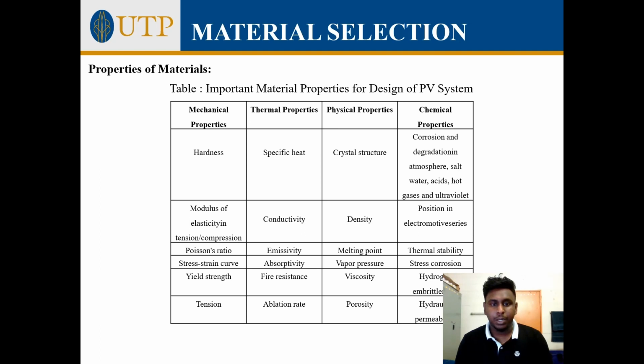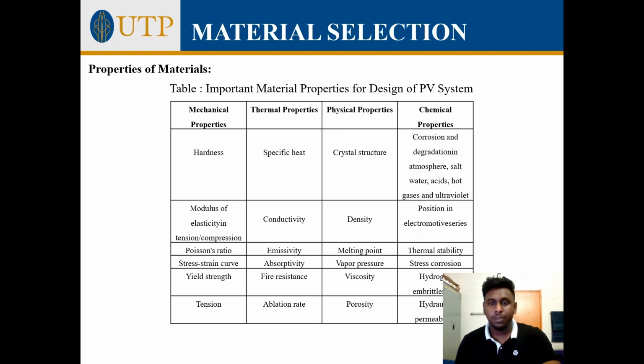For the thermal properties, it consists of specific heat, conductivity, emissivity, absorptivity, fire resistance, and also ablation rate. For the physical properties, it consists of crystal structure, density, melting point, vapor pressure, viscosity, and porosity.